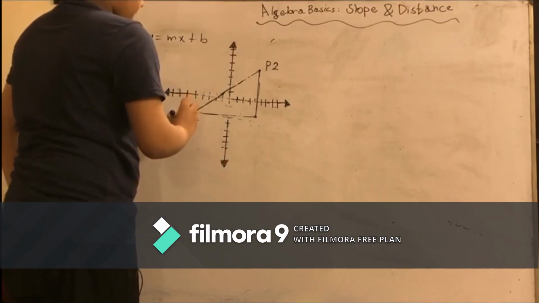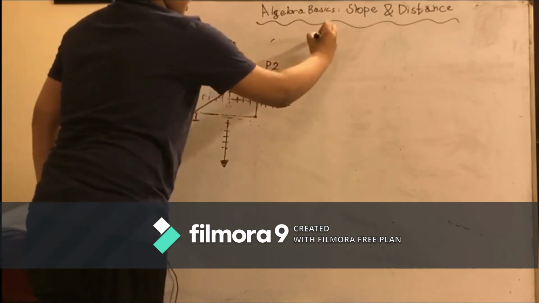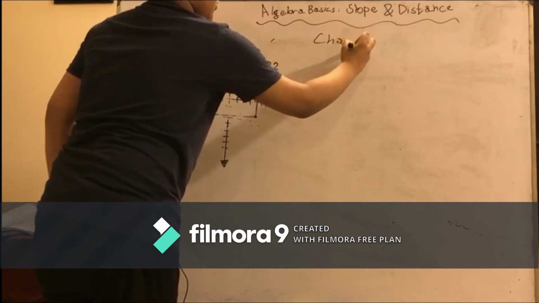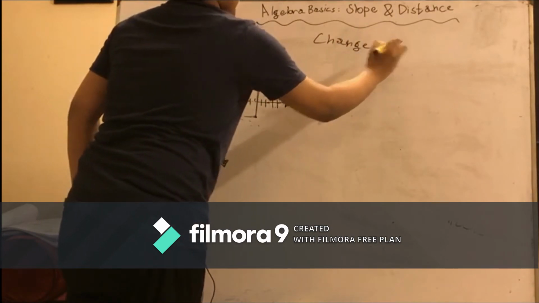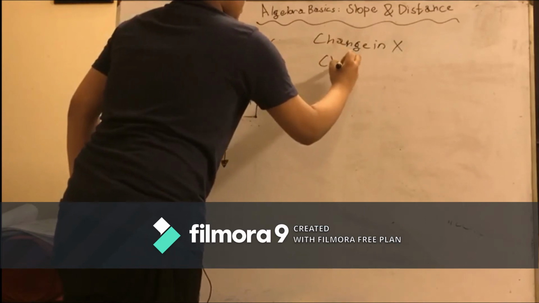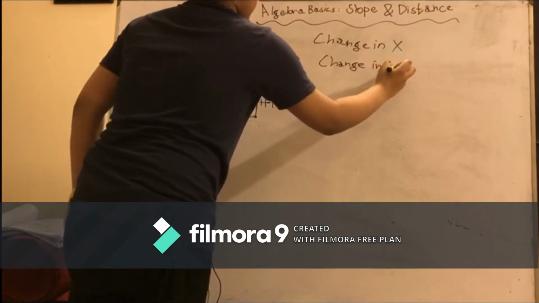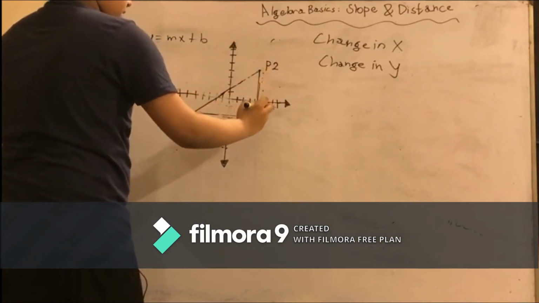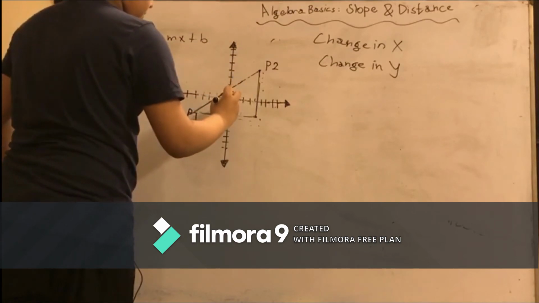We need to understand a thing called change in. There are two things called change in x and change in y. When you go down, it's going to be change in the y direction. The x direction will be the same.